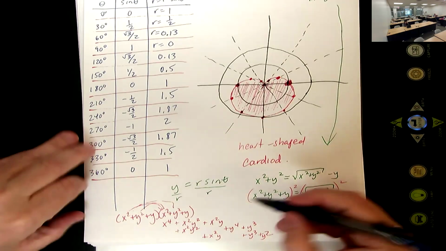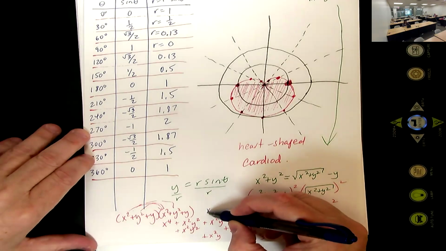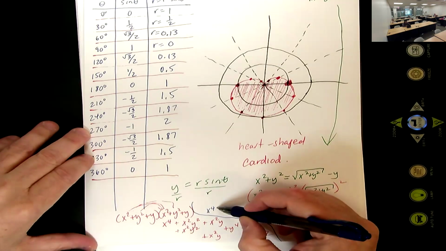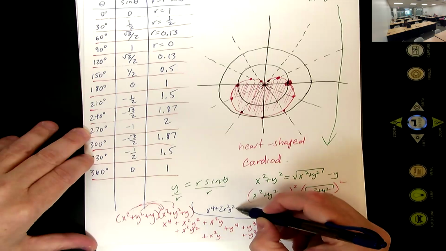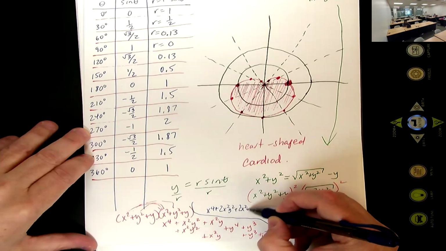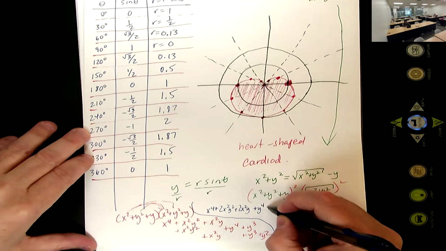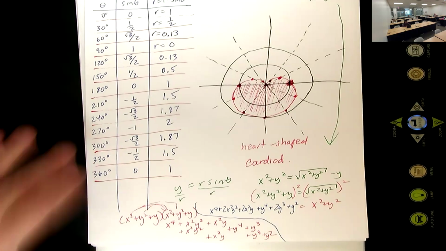So if I add those all up, on this side I've got an x to the fourth, plus 2x squared y squared, plus 2x squared y, plus y to the fourth, plus 2y cubed, plus y squared.